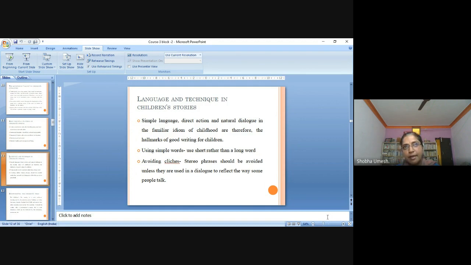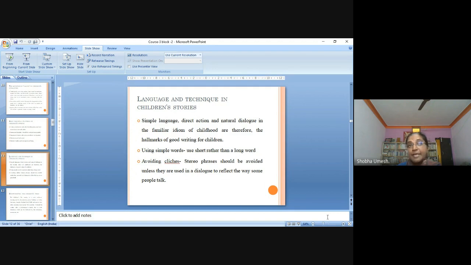Always there should be a direct connection between the characters. And also we have to use simple words, not too long. They should be very short. And small sentences should be used, and the sentences should not be lengthy. We also have to avoid glitches, and phrases should be avoided unless they are used in dialogue to reflect the way some people talk.